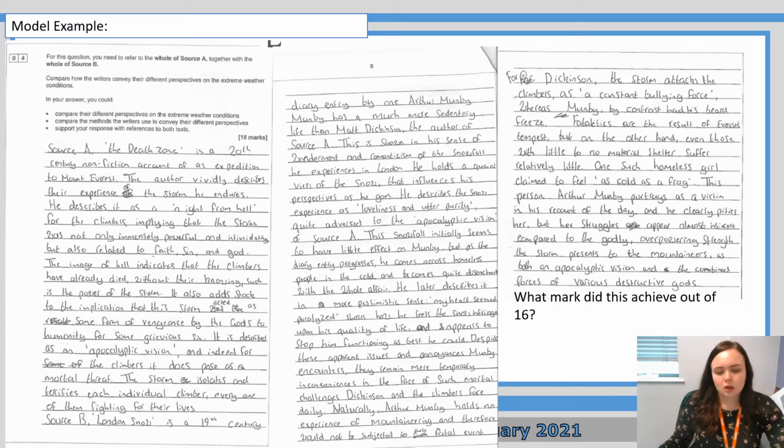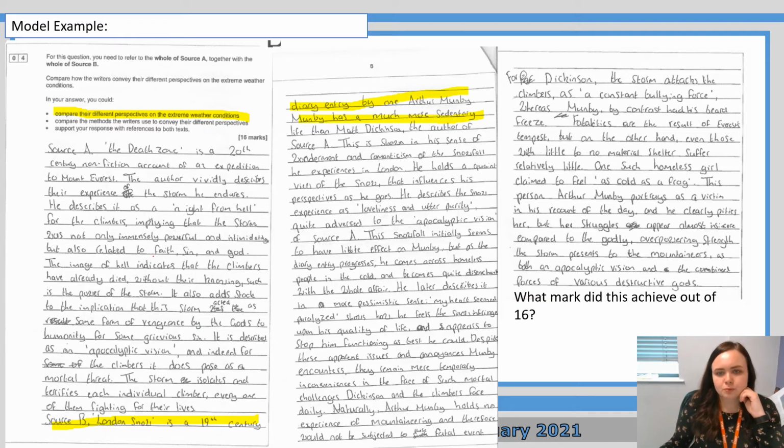So the first thing I want to highlight to you is we're going to have a look for this point here: comparing their different perspectives on the extreme weather condition. Okay, so we can see the first bit of comparison comes here, where he says Source B, London Snow, is a 19th century diary entry by one Arthur Mumby.